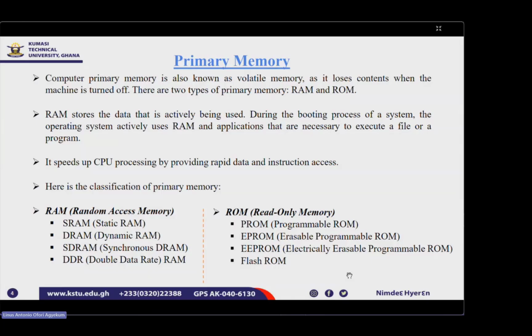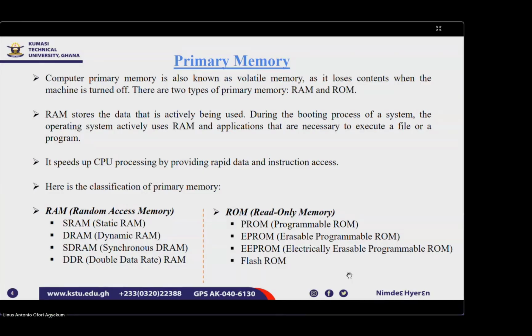Similarly, applications that are necessary to execute a file or a program actively use the RAM. And what happens when the RAM is being used is that it helps to speed up the central processing unit. That is, it provides rapid data and instruction access.